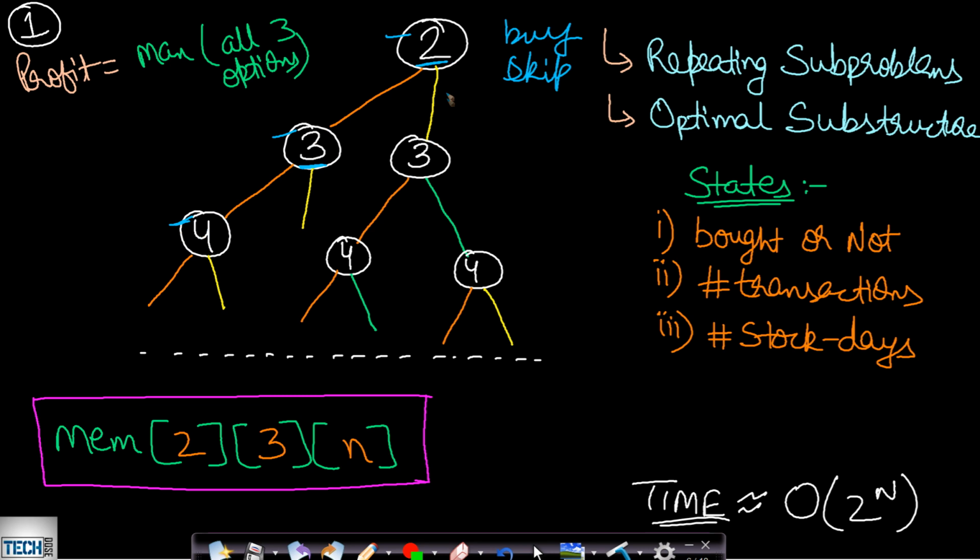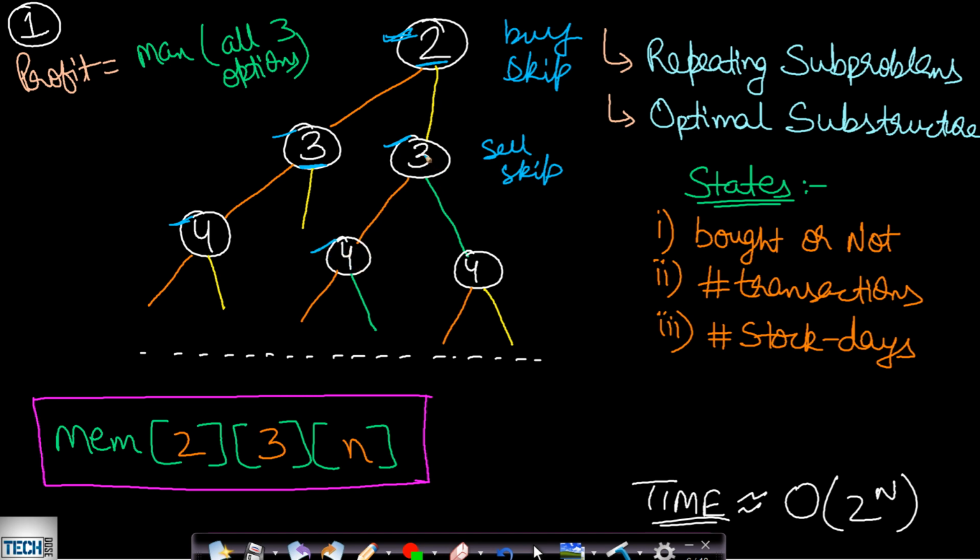Now the other recursion call, the yellow line, is indicating that we will be buying. So if we buy this stock 2, then we will reach the second day where the stock price is 3. Here we have 2 options. We can either sell or we can skip. So if we are skipping, then we will move to the third day where the price is 4.